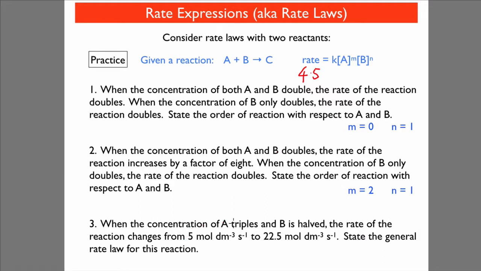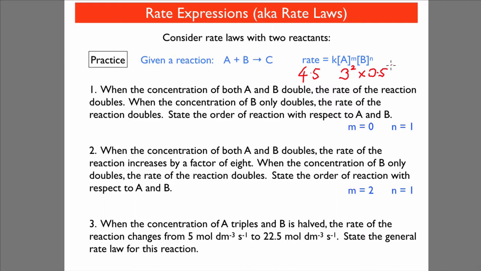When the concentration of A triples, and when B is halved, let's have a think about this. I should probably have worked that before rather than doing it on the fly. To get a 4.5, well, 3 squared is 9, and 9 times 0.5 is 4.5.